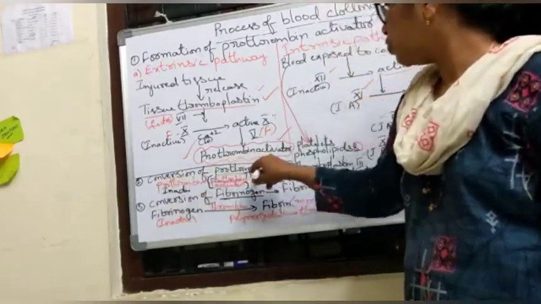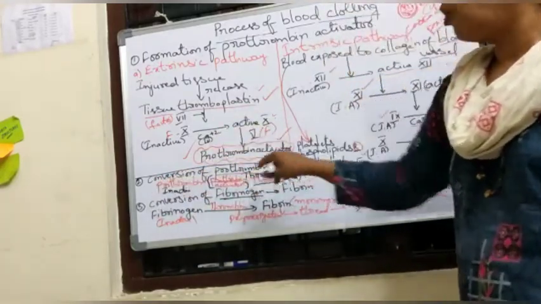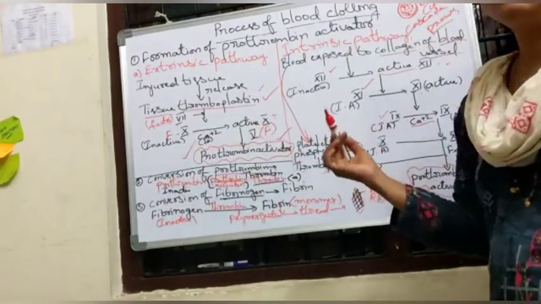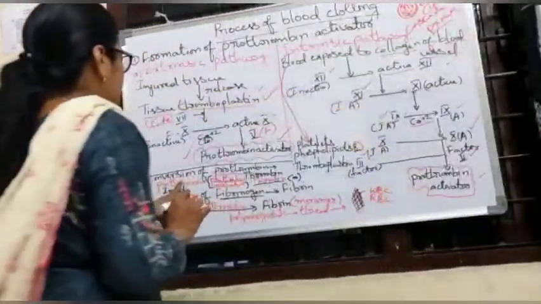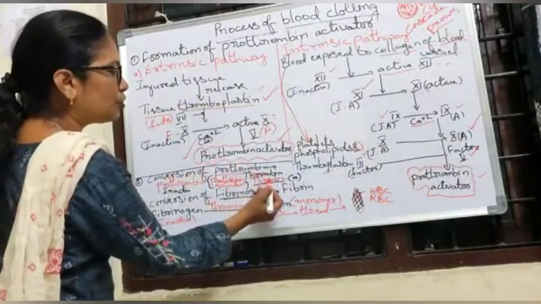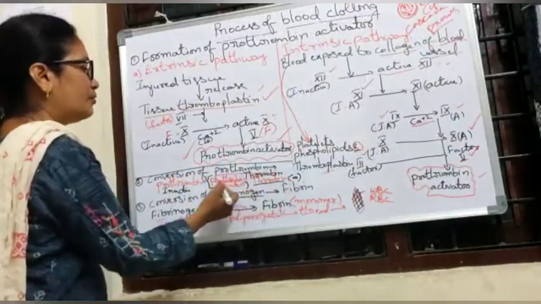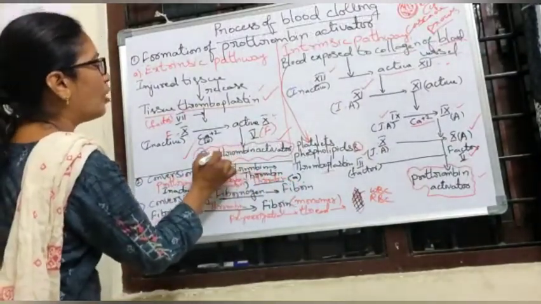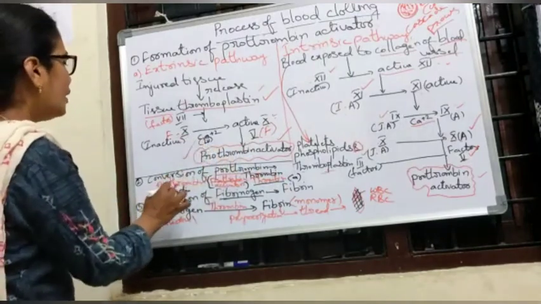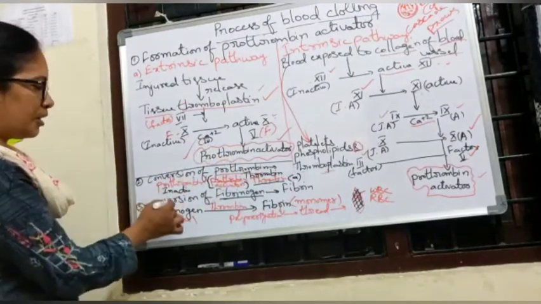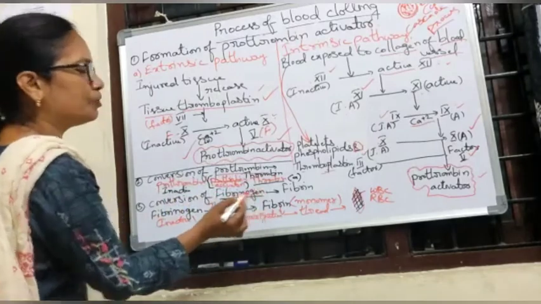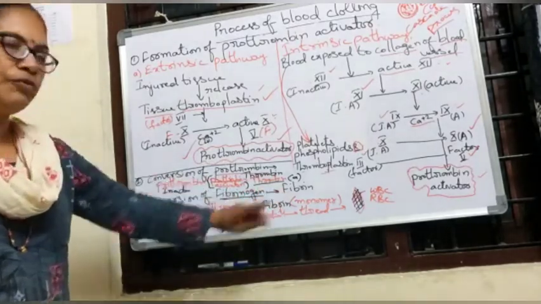The conversion of prothrombin into thrombin: prothrombin, which is the inactive one, is converted into thrombin, the active one, in the presence of prothrombin activator. And next, the third step, conversion of fibrinogen to fibrin.